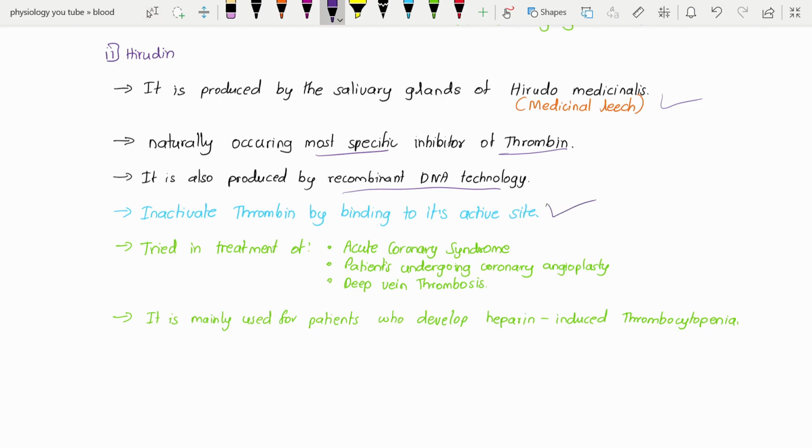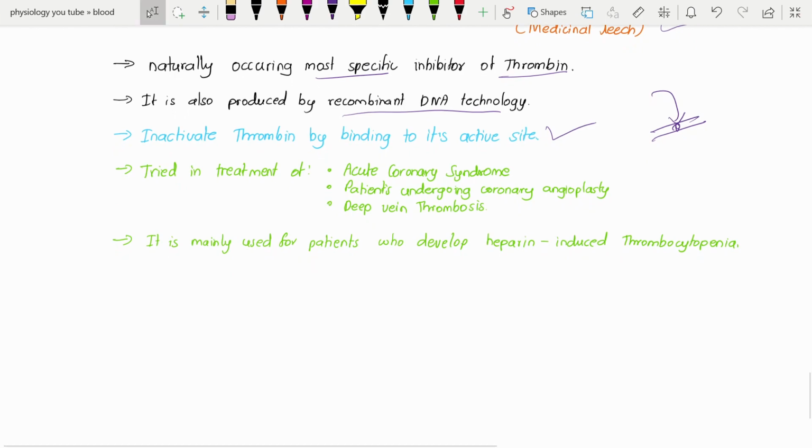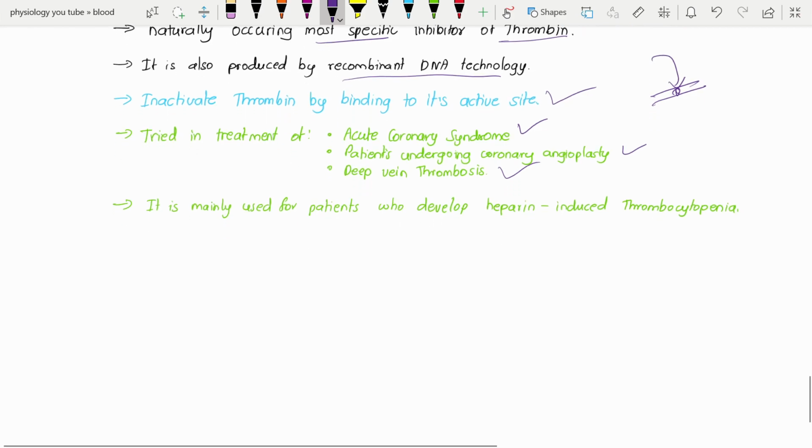So how does it work? We have thrombin, and hirudin binds to the active site of the thrombin. When it binds to the active site, the thrombin is inactivated. It is tried for the treatment of acute coronary syndrome, in patients undergoing coronary angioplasty, and deep vein thrombosis.